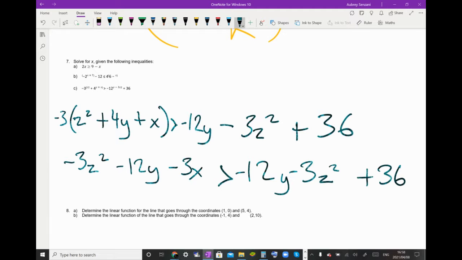Okay, awesome. Again, we want to put like terms together. So we can throw over this 12y to that side. That's going to cancel each other out because that's going to become a positive 12y, and that's still a negative. So I'm just going to erase those.